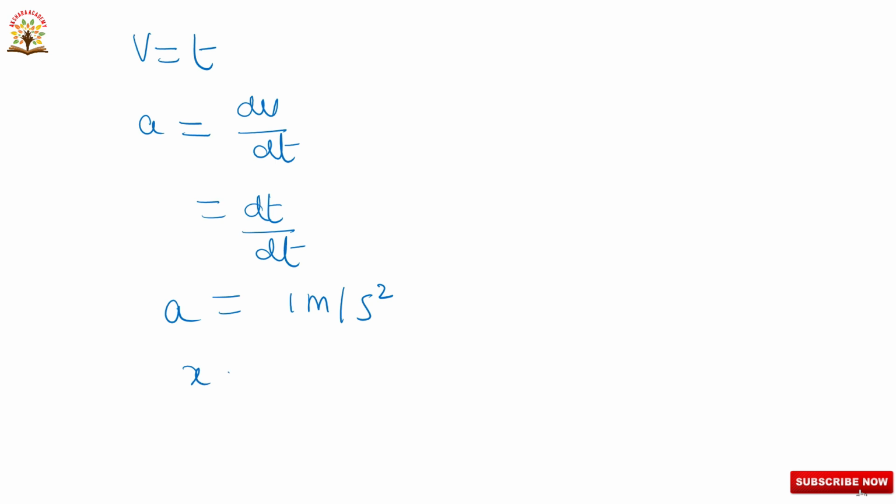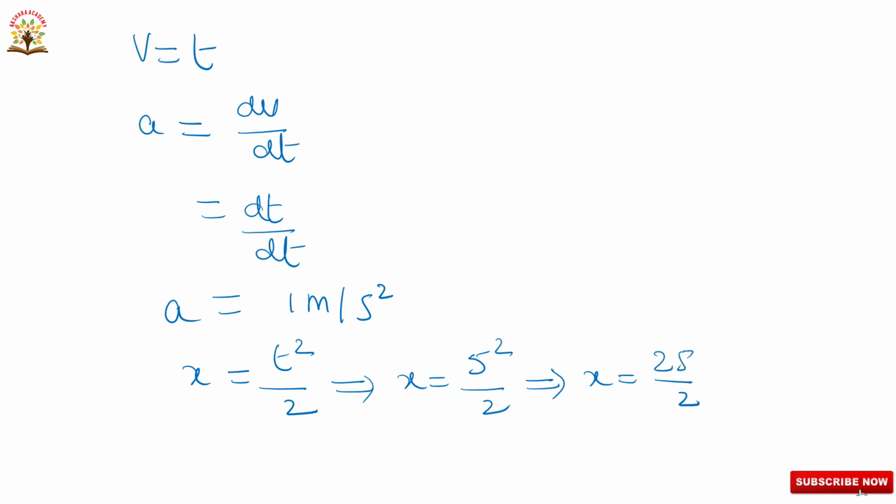So x is t²/2, the function given. Here t² is nothing but 5², so x = 5²/2, which implies x = 25/2. Therefore work done W = Fx.